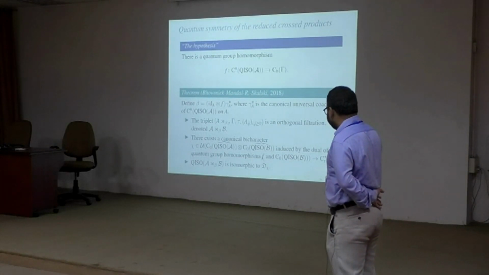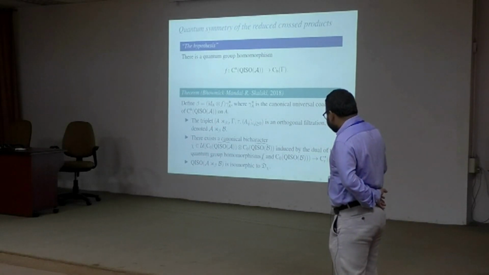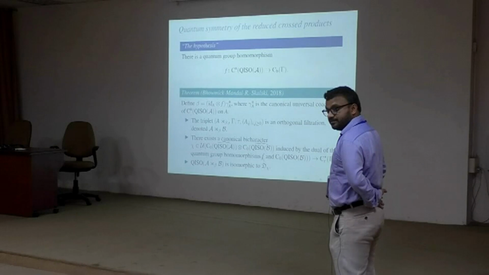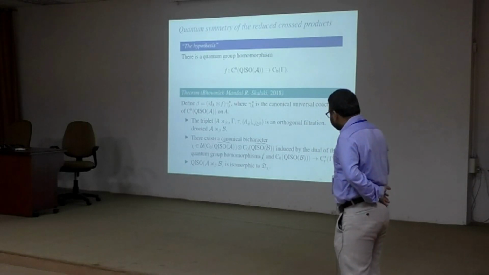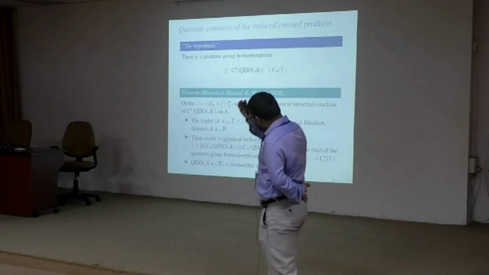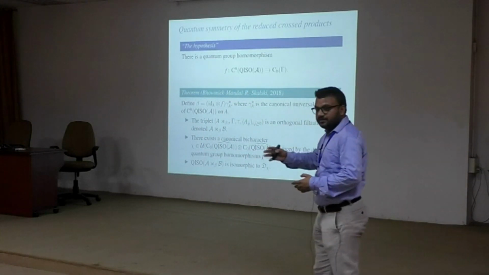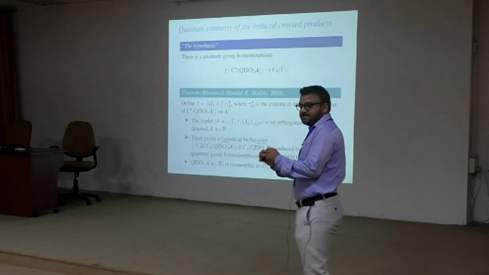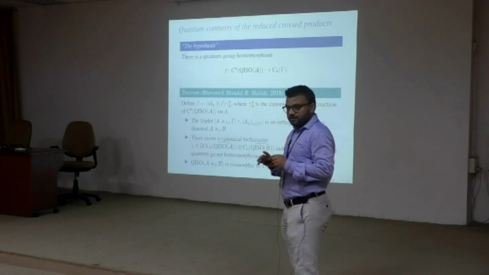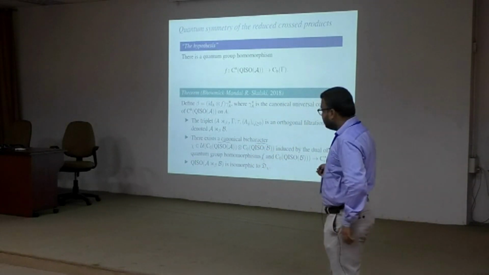This formula induces that. Not only that, this A_ij becomes an orthogonal filtration. Remember one thing: if an action preserves the filtration, then it preserves the state, but the converse is not true. So this is crucial here.